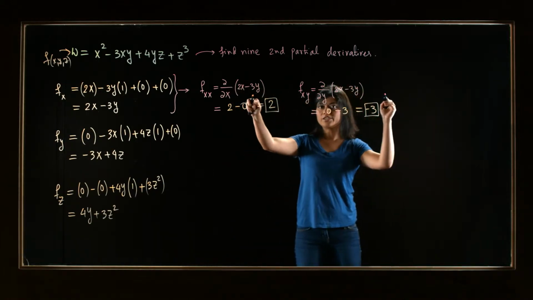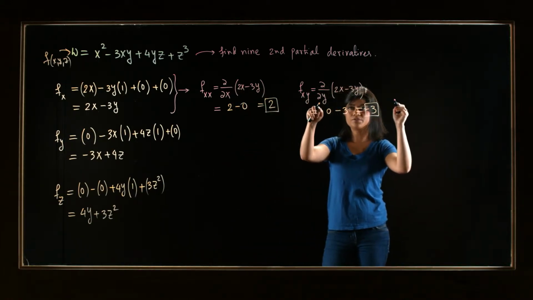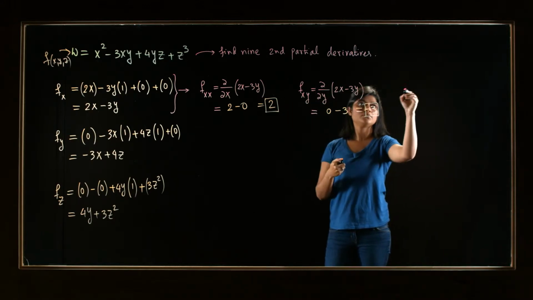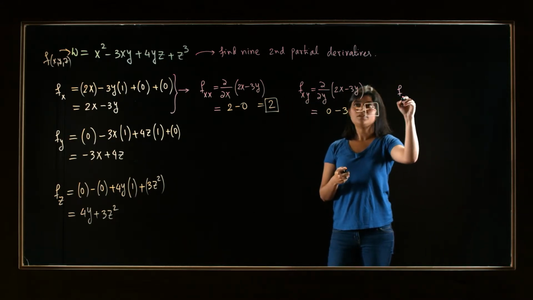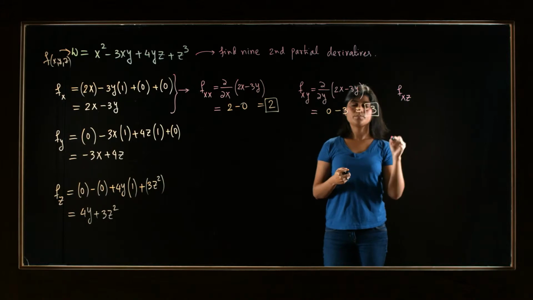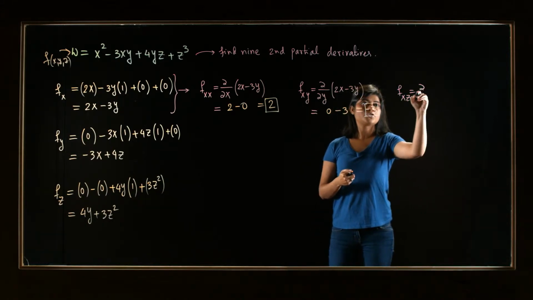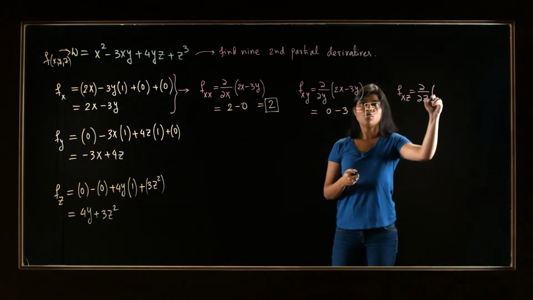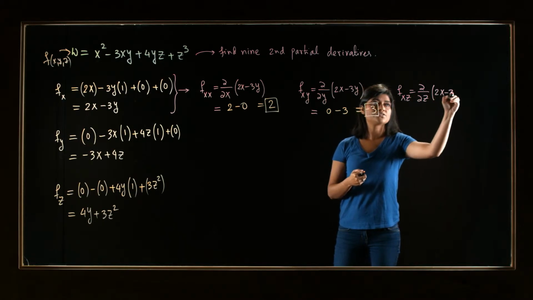Finally, for this particular expression, we have to take the derivative with respect to z as well. So that one is fxz, and that is the partial with respect to z of 2x minus 3y.